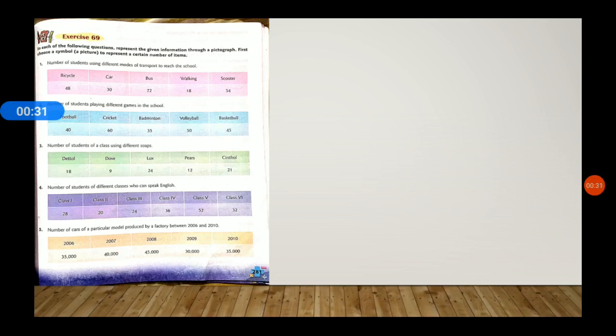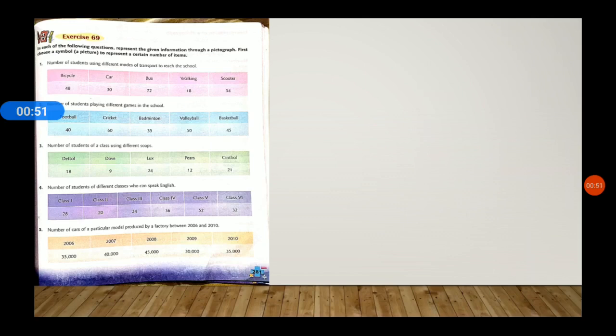Number of students using different modes of transport to reach their school: bicycle, car, bus, walking, scooter. What we have to do? We have to draw a pictograph. And first we have to choose a symbol or a picture to represent.